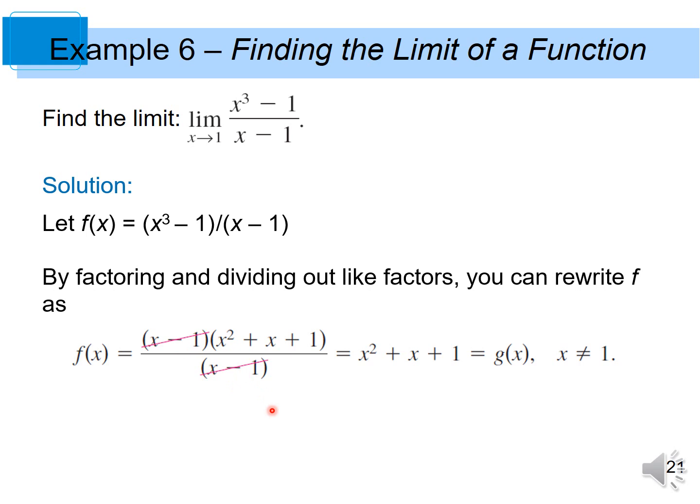From here, we can simplify the x minus 1. And we have the quadratic function x squared plus x plus 1. We call this function g of x, because f of x is a rational function, so the new function is g of x, where x is not equal to 1.